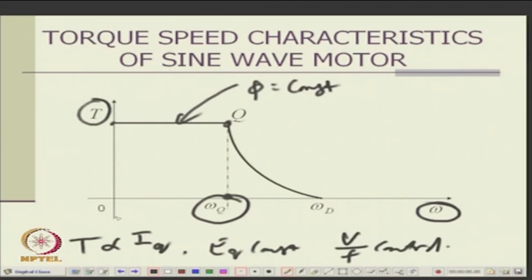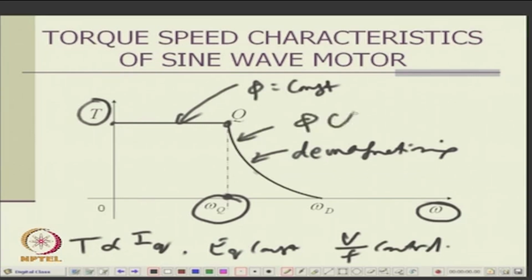Then what will happen is, beyond that, the current drawn, if frequency increases, will have a sort of demagnetizing effect beyond a certain point. So there will be underfluxing, speed of course increases, but torque will decrease, because underfluxing means torque is proportional to IQ and flux is decreasing, right. Till that time flux is constant, here flux is changing, isn't it.